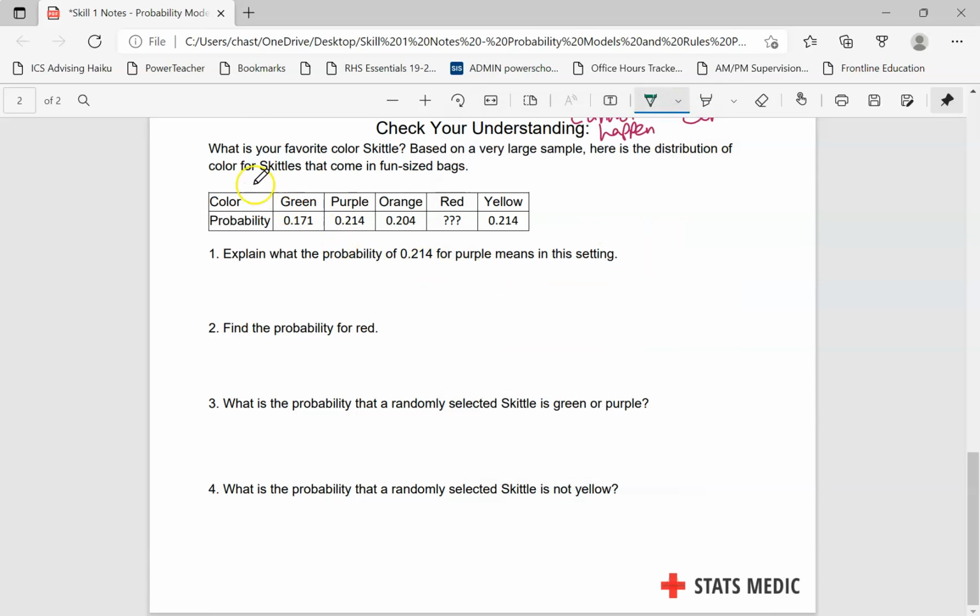So let's start with some Skittles here. We have a list of the colors of Skittles and some probabilities. First, let's explain the probability of 0.214 for purple. What does this mean?